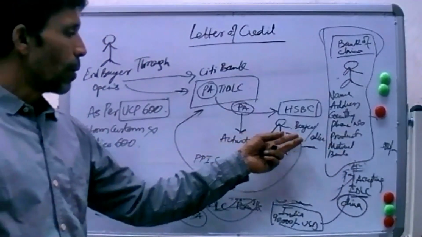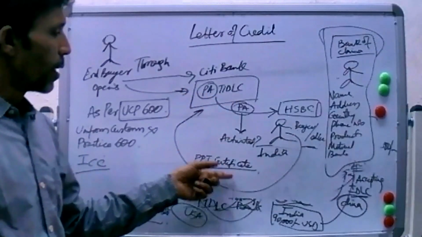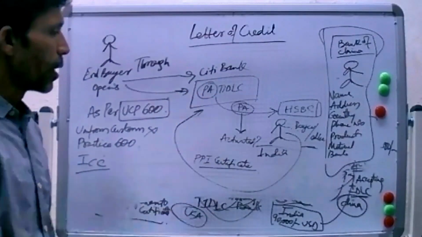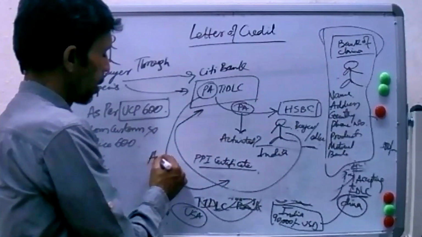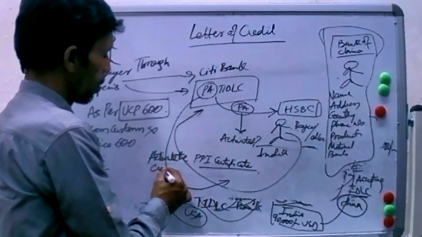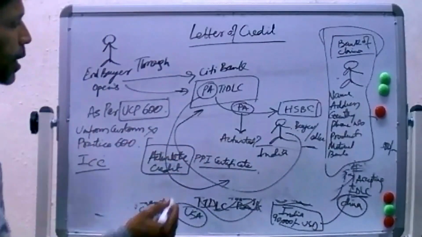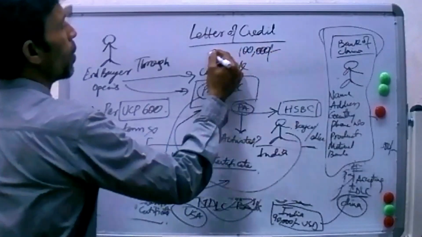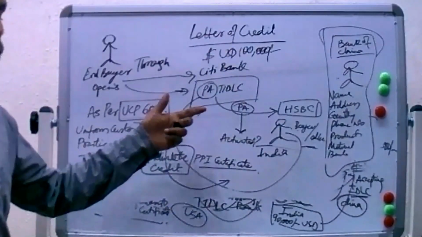Once the issuing bank receives the PPI certificate, and they have issued the PA TIDLC, they must activate the credit. Let us say the credit was for 100,000 US dollars.